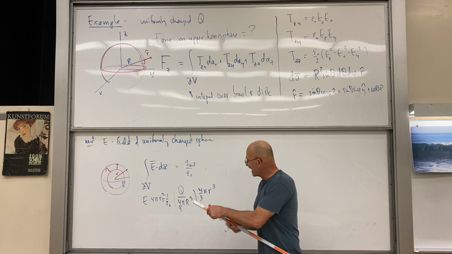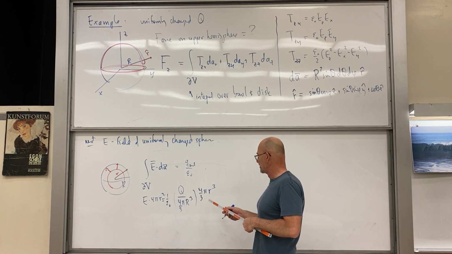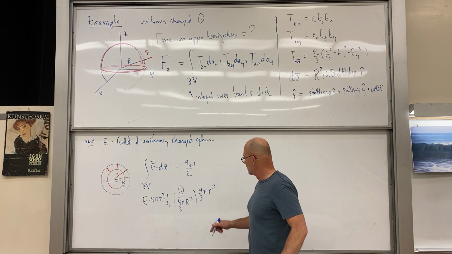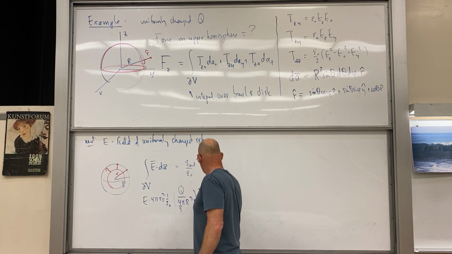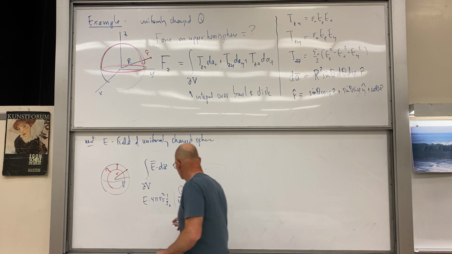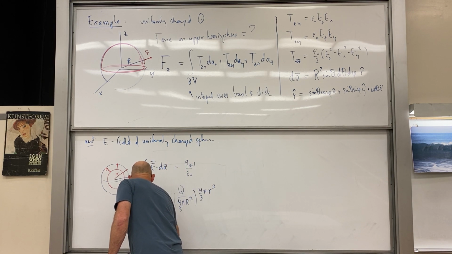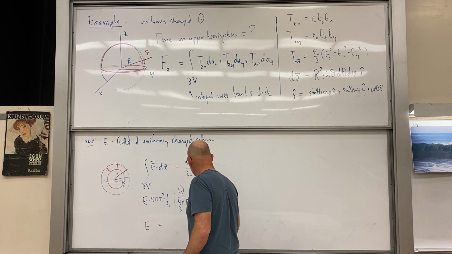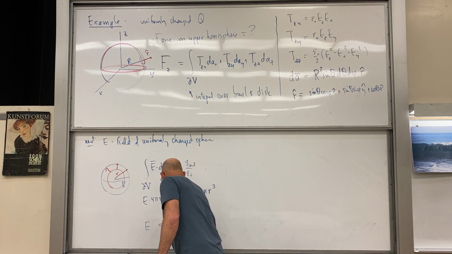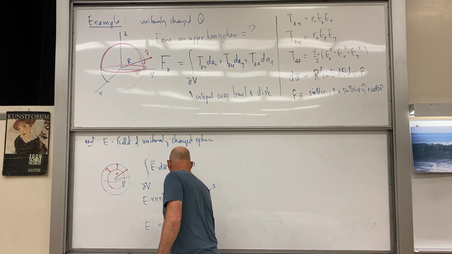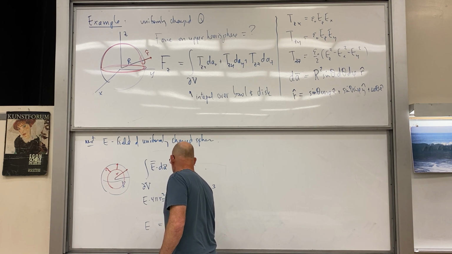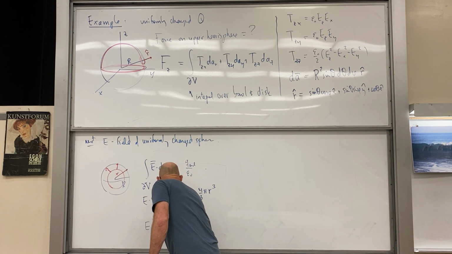So we can cancel the 4/3 pi, 4/3 pi. What's going to be left is Q over 4 pi epsilon naught.